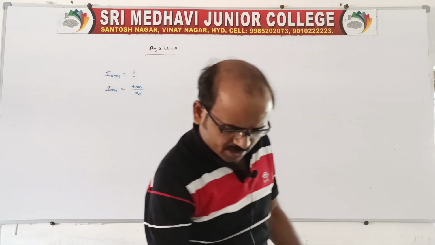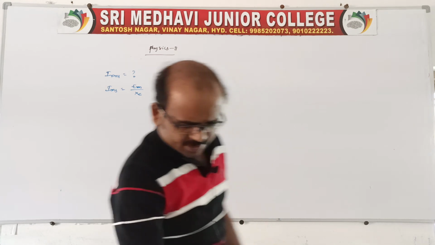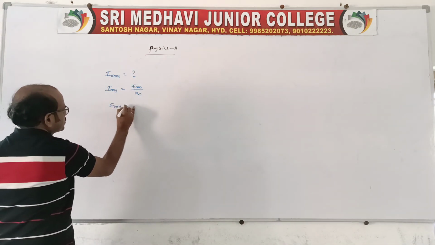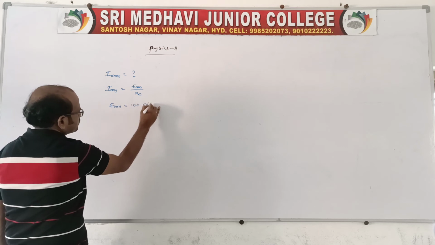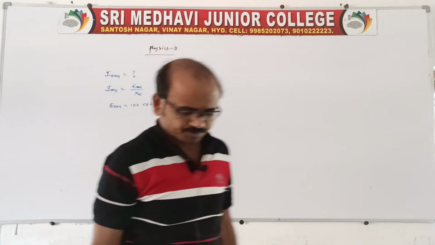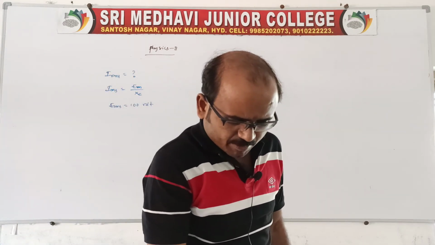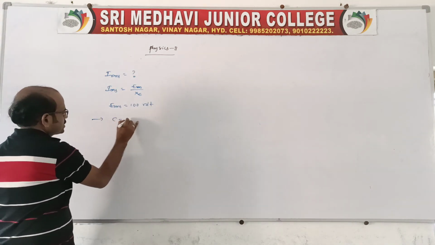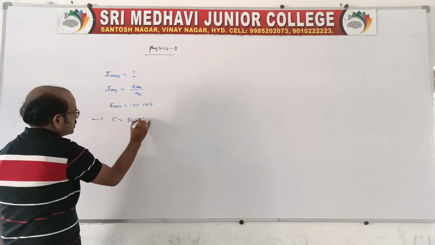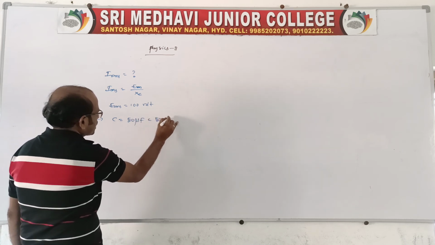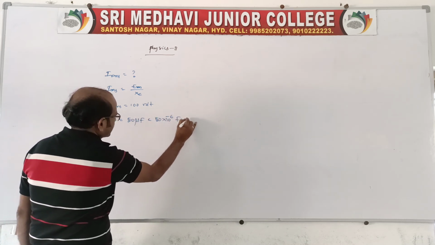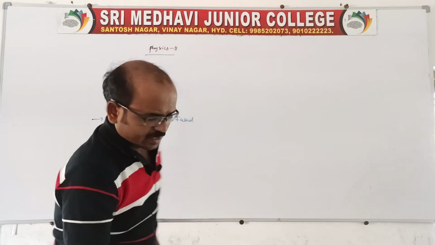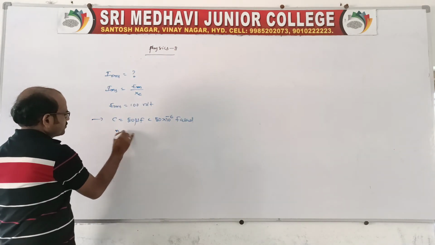In this case, ERMS is given, the supply is 100 volt. And there is a capacitor connected, C is equal to 50 microfarad, so 50 into 10 power minus 6 farad. And the frequency is given, 50 Hz.